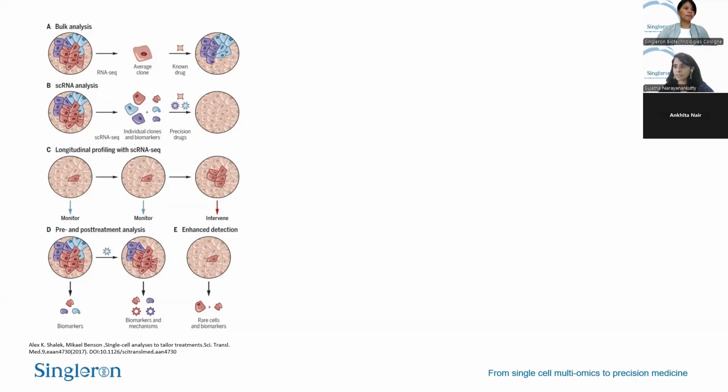Based on the biomarkers and information you have, you can do a pre-treatment and post-treatment analysis to understand which cells started off the process, and where you can improve your detection of that particular sample.